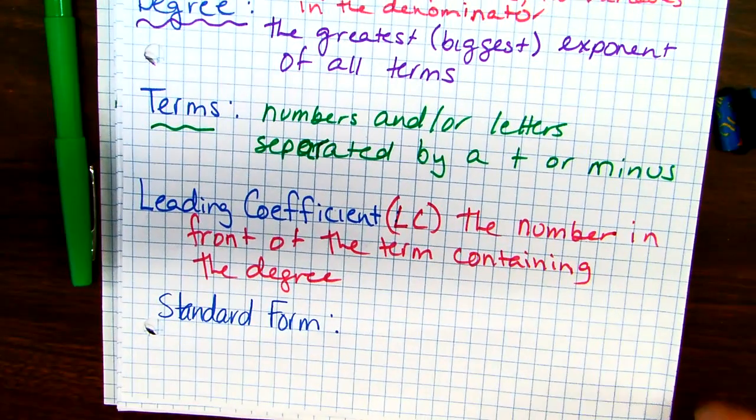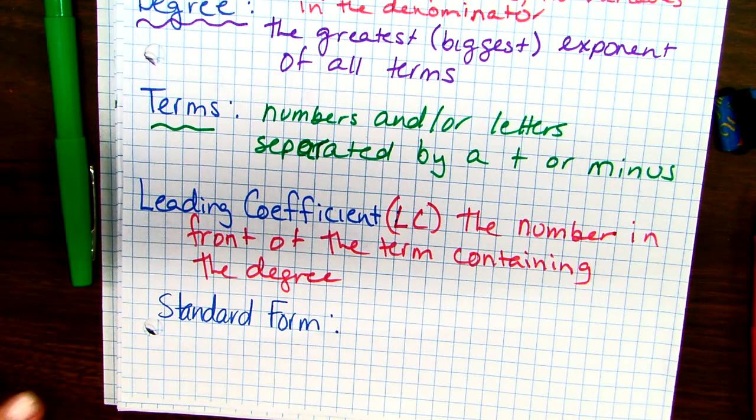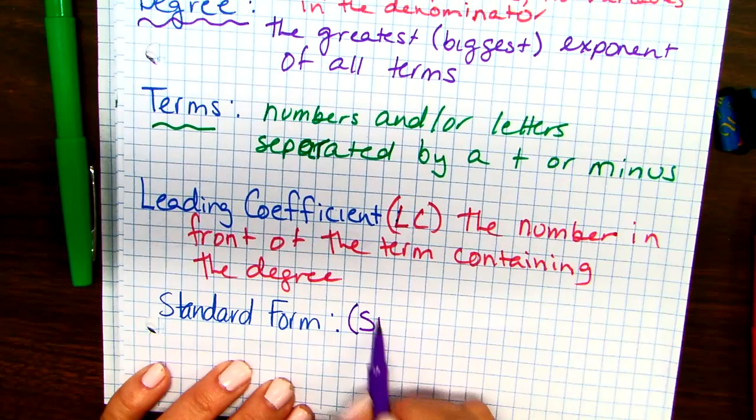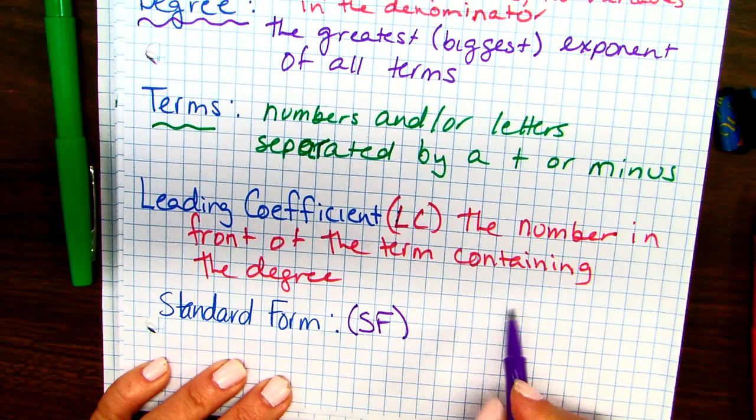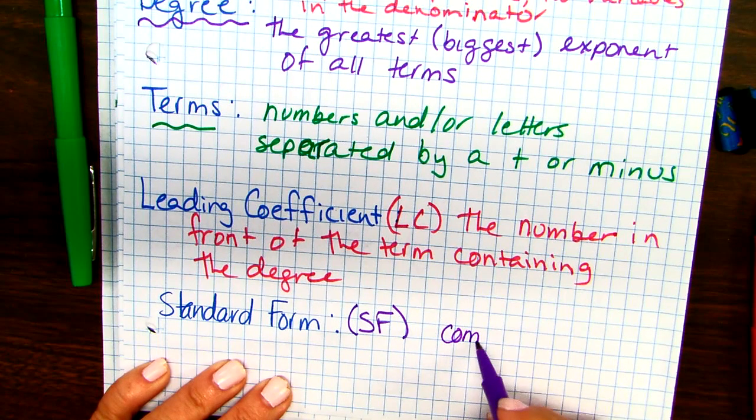And the last one, we know this one already, I believe. Standard form. And I get lazy here too. Standard form, not San Francisco. It's all the like terms combined.